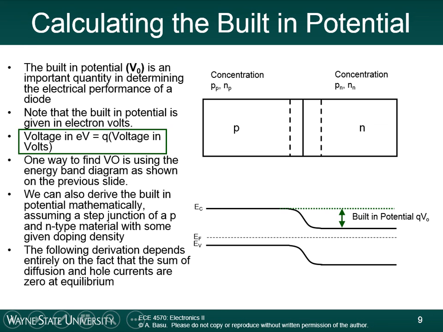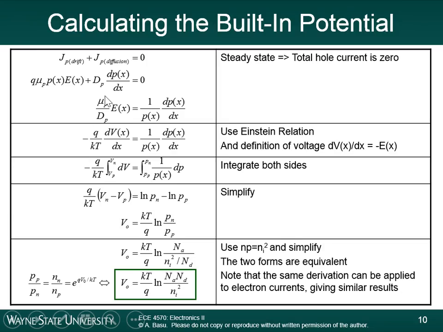The other assumption you make is that the drift and diffusion hole currents are zero at equilibrium. So you start off with this relation: J_P drift plus J_P diffusion is equal to 0. The drift and diffusion currents are balanced. From the previous module, we have a formula.